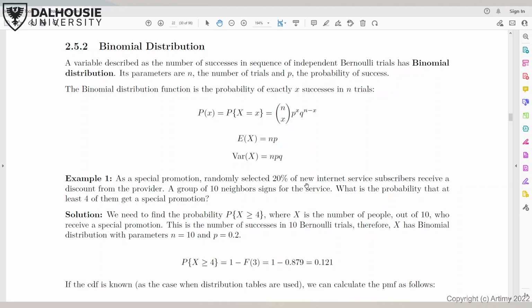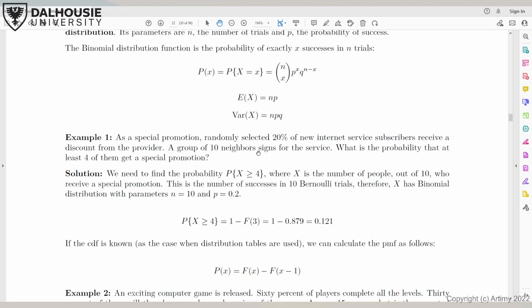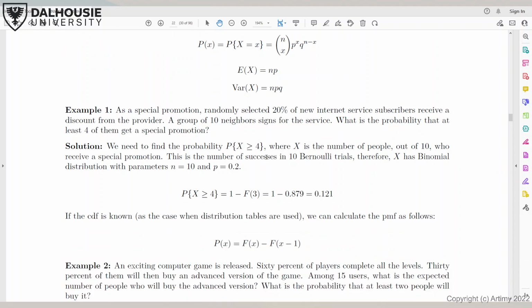And again, for this distribution, the expectation is np and the variance is npq. This type of distribution has a lot of applications. Imagine we are considering the number of successfully received packets at the receiver.